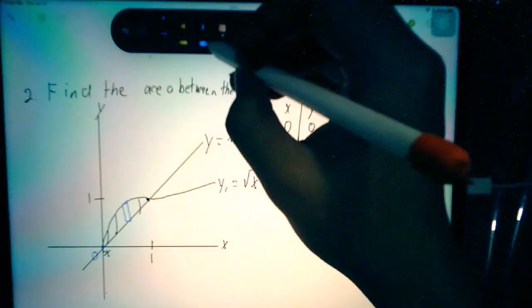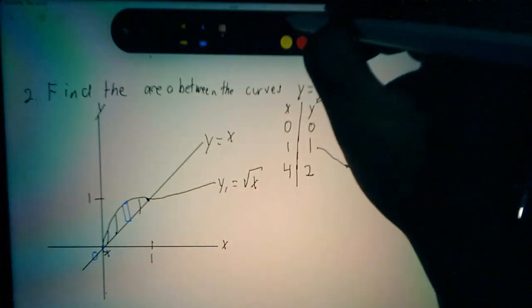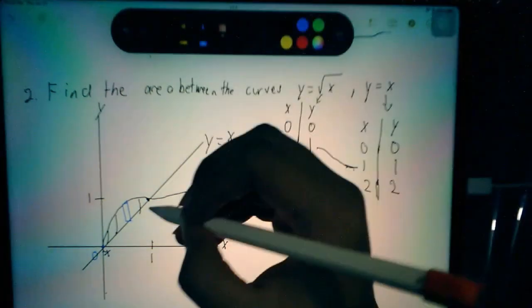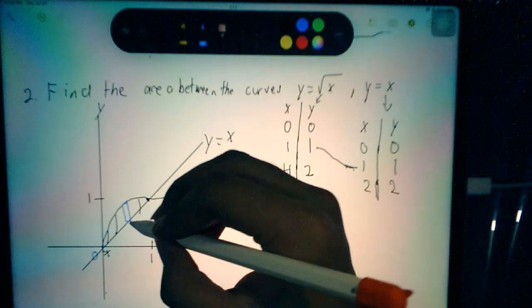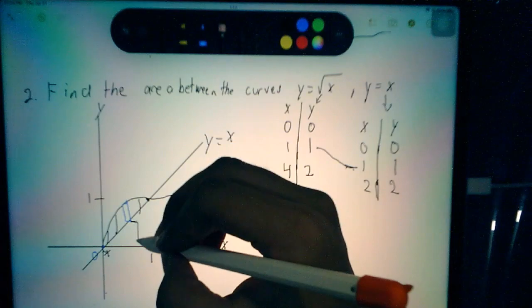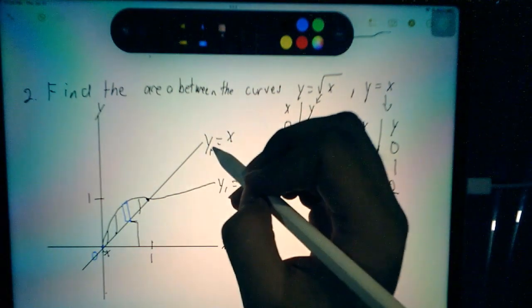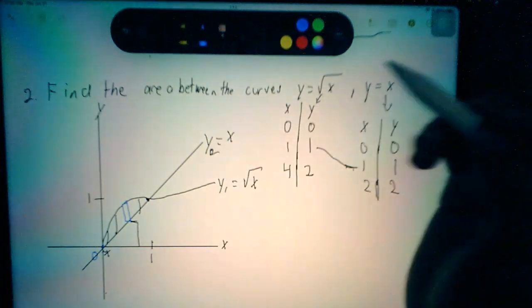So from this point, the lower, touching the lower vertical strip, let's label that as y1, y2.